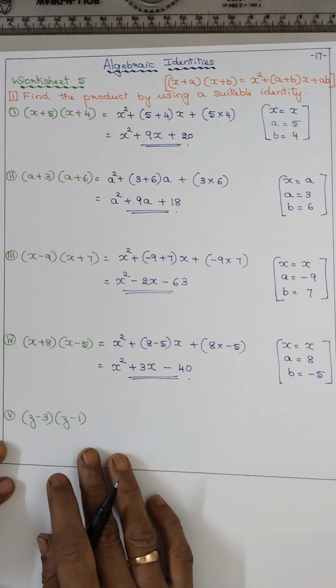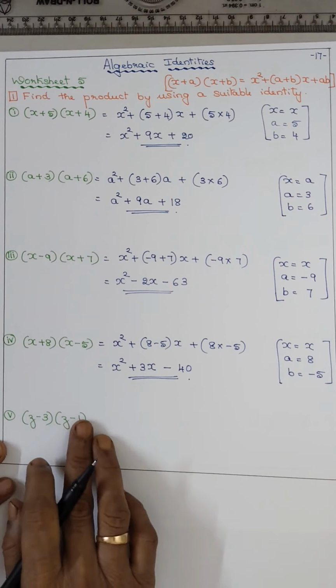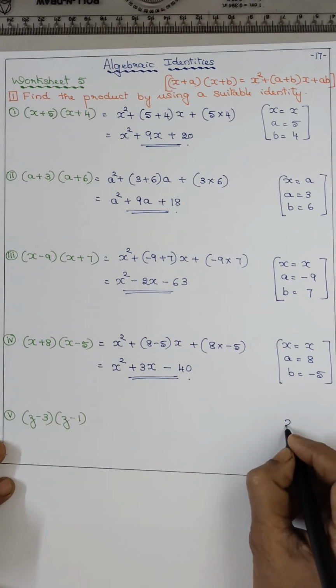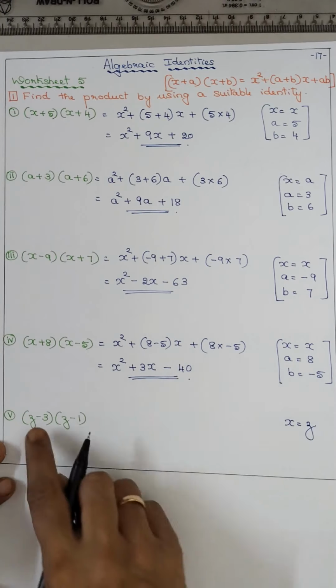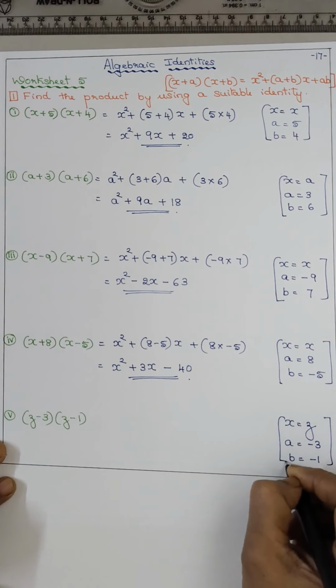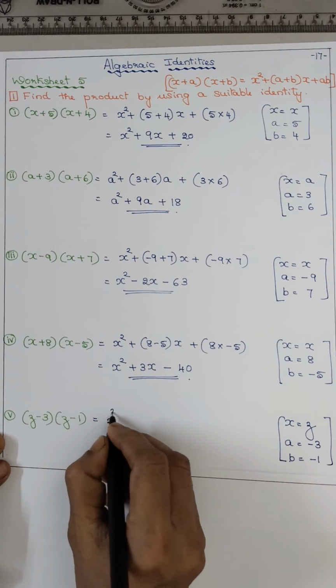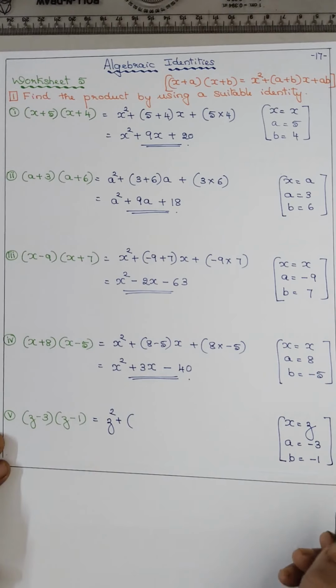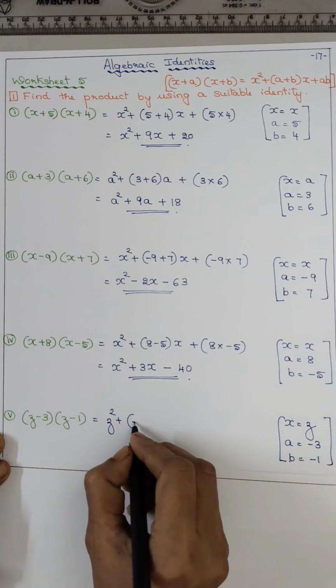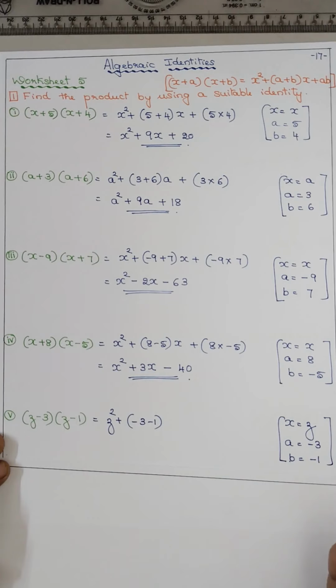Now coming to the fifth sum. First term same z, second terms are different, that is why fifth identity. x is equal to z, a is equal to minus 3, b is equal to minus 1. x², that is z², plus (a + b), minus 3 minus 1. In the example itself I told, whenever there is minus, put that sign only.